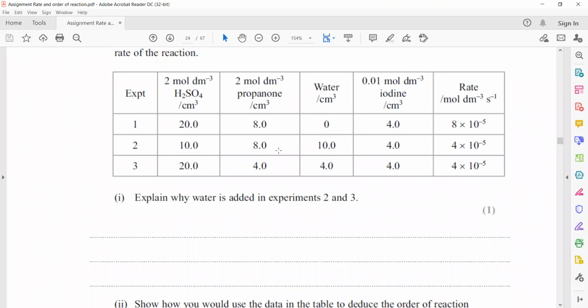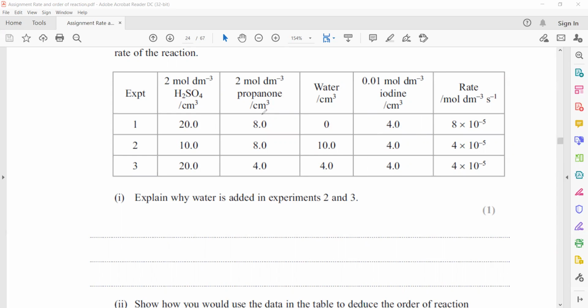The first one, we are using 20 cm cube of propanol, and the total volume of the solution is 32. Why is the total volume 32? Because iodine is also added. So 20 plus 8 plus 4 gives 32.